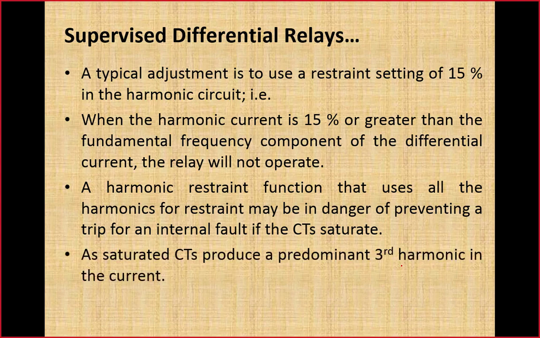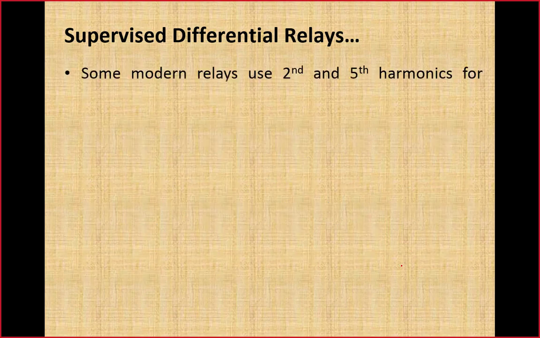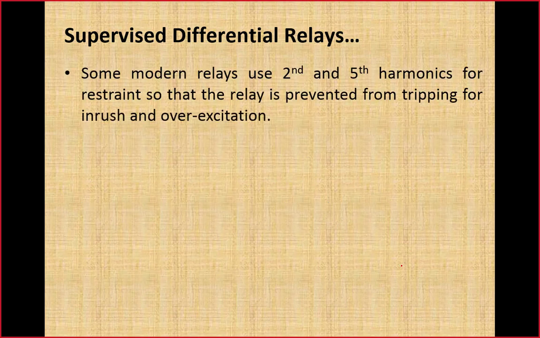We know that CT saturation produces dominantly third harmonic, so we will have to exclude this third harmonic from the restraining action. So the solution is that modern relays only use the second harmonic and fifth harmonic component for restraining action and the fundamental for tripping. Third harmonic will not be utilized for any type of tripping.